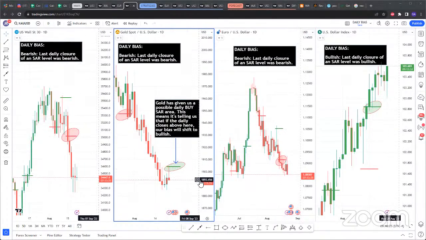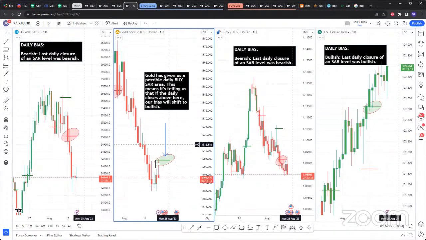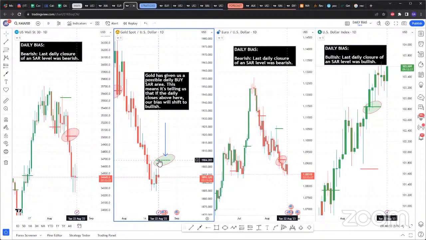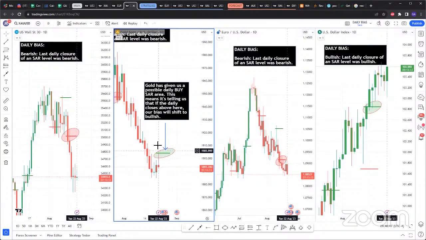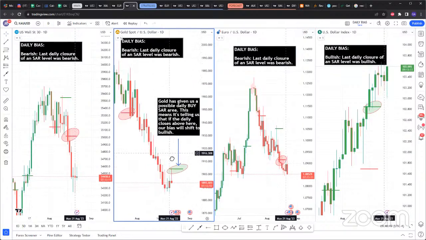Because the only purpose of this one as of right now is that it's just a message. It's telling us the daily bias has not changed to bullish. If gold closes above here on the daily, your daily bias will change to bullish. But in the meantime, you could have used this zone to sell gold. So keep in mind, SAR is stop and reversal.